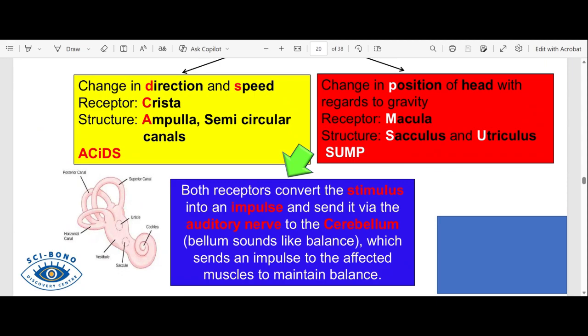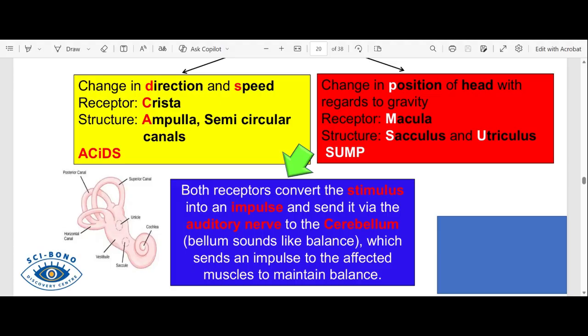And when the fluid in your semicircular canal moves, it stimulates the cristae at the base of the semicircular canal. What's the base called? The ampullae. Then within the ampullae, you find the cristae.